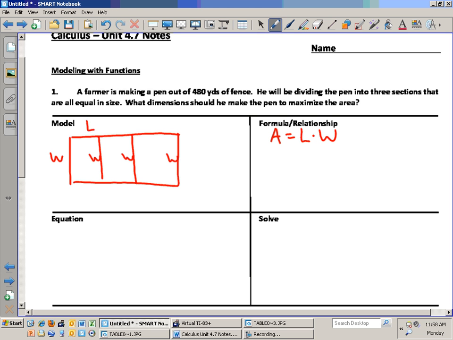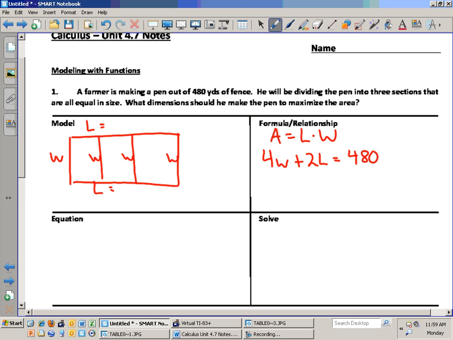So I have L and L, and those are going to equal something important. If I add up the 4 W's and the 2 L's, what do I get? 480. My fencing. 4W plus 2L is equal to the 480 yards of fencing that I get to use.